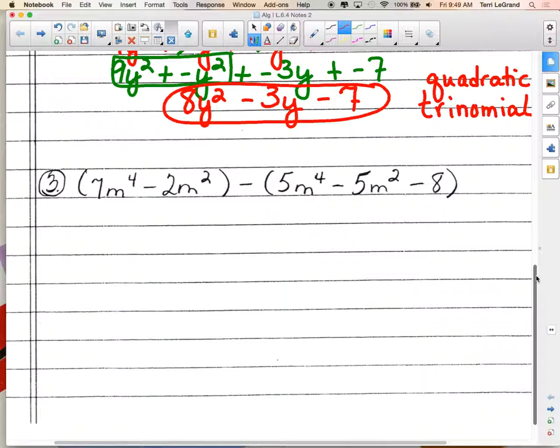Okay, questions? No. Okay, the only thing I want you to do in this next one is rewrite it, only changing the subtractions within the polynomials. I do not want the parentheses gone in this step.